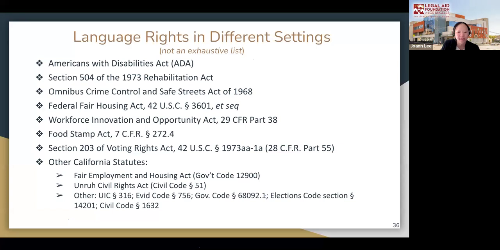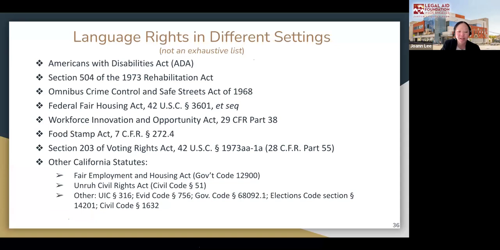The Unruh Civil Rights Act covers a wide range of both private and public sectors. Then we also see even more statutes in the unemployment context, the Evidence Code that relates to interpreters in the courts, other Election Code sections, as well as the Civil Code that covers translations of contracts in certain contexts. So that's just a snapshot and overview.